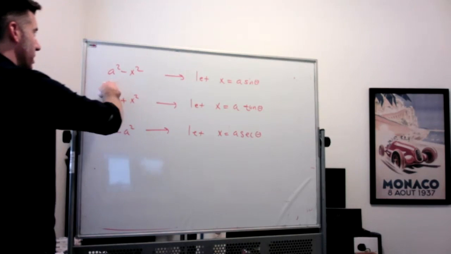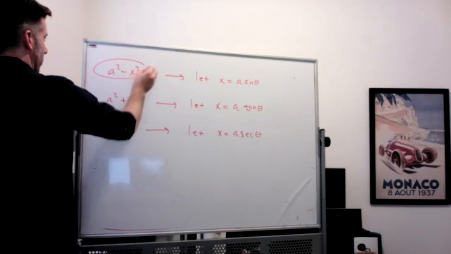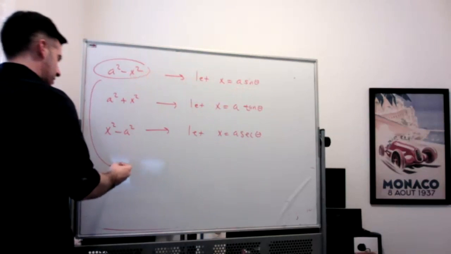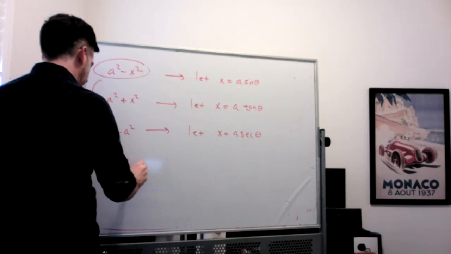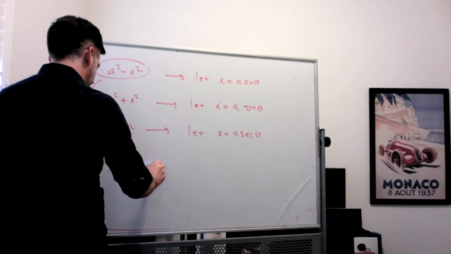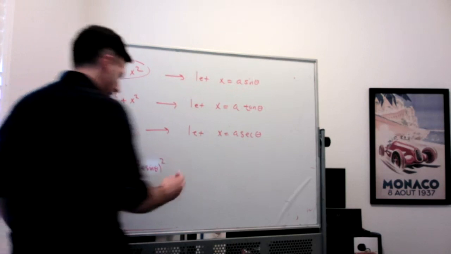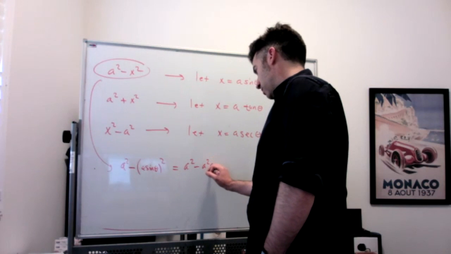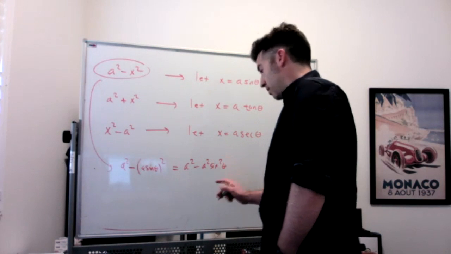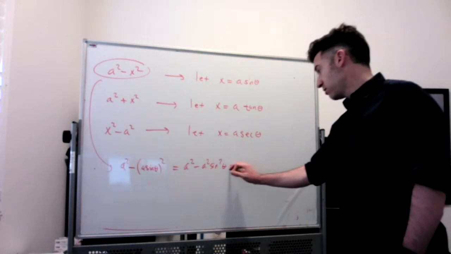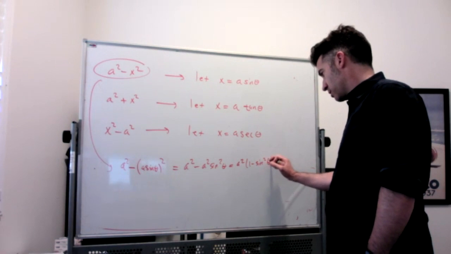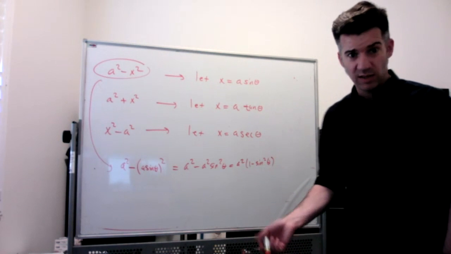If you plug in a sine theta for x, you get a squared minus a sine theta squared. If you multiply that out, that's a squared minus a squared sine squared theta. Factor out an a squared, and 1 minus sine squared is equal to cosine squared.